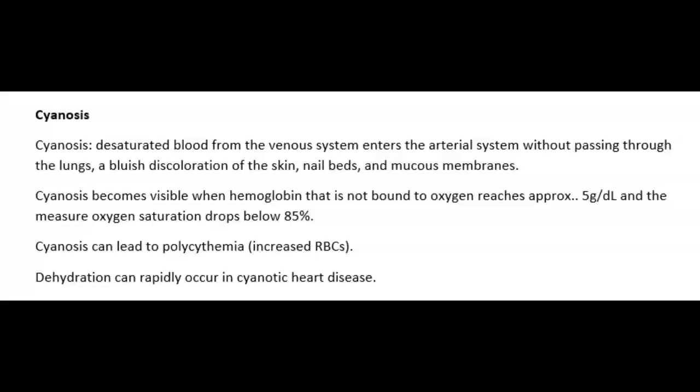Cyanosis intensifies with crying in children with these defects and is not alleviated by the administration of 100% oxygen. The clinical consequences of cyanosis include polycythemia, anemia, clotting abnormalities, hypercyanotic episodes, central nervous system injury caused by abscess or embolic events, pulmonary hypertension, and endocarditis.